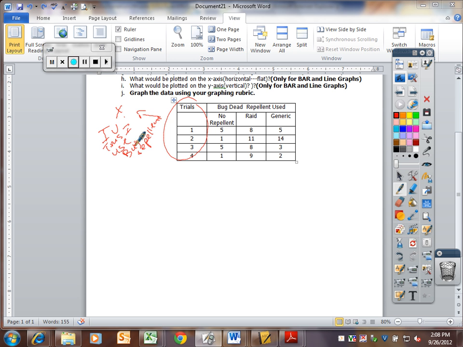Okay, so that's why it's our independent variable there. Now, always in science, whatever is to the right of the first column is going to be our dependent variable, because this is what we measure.